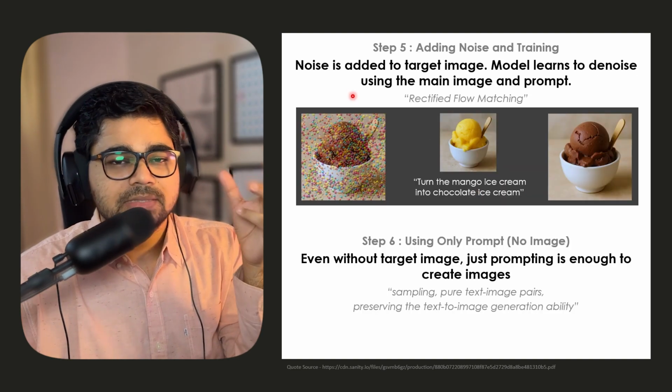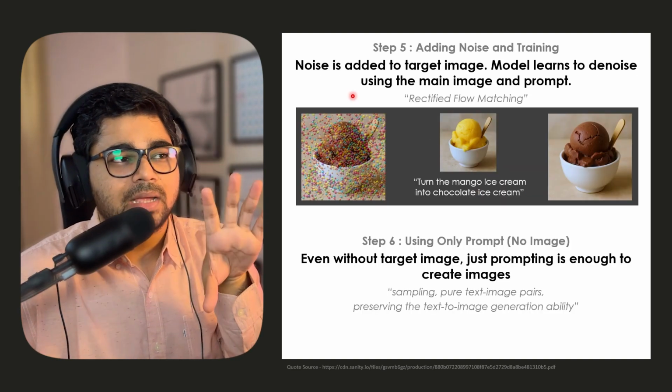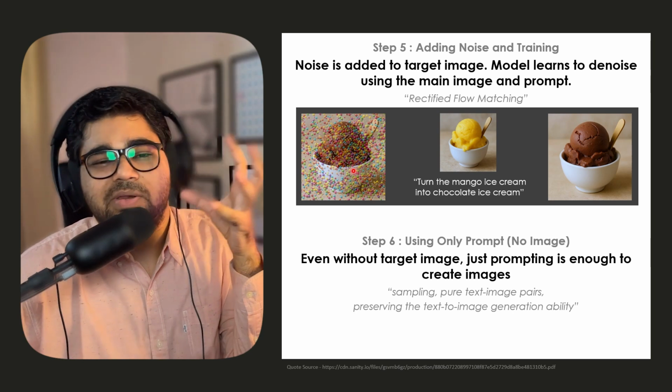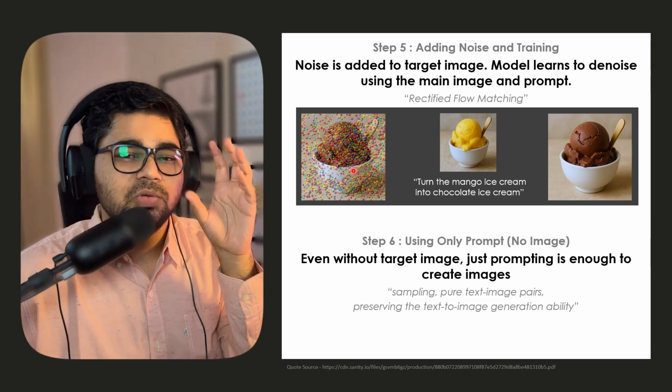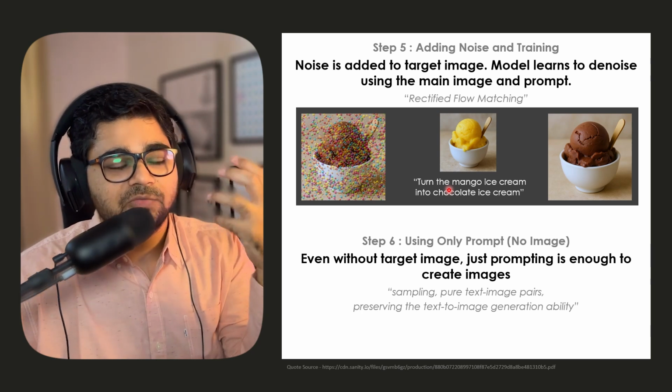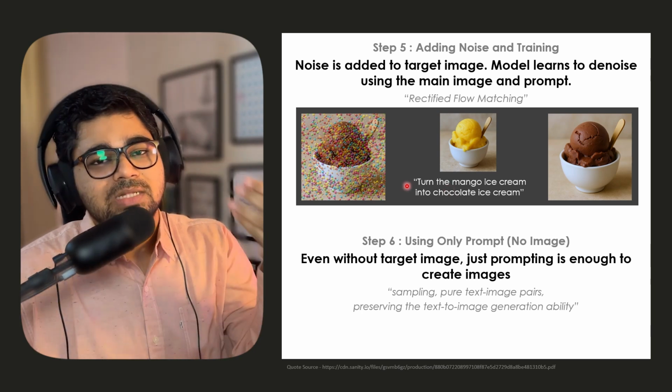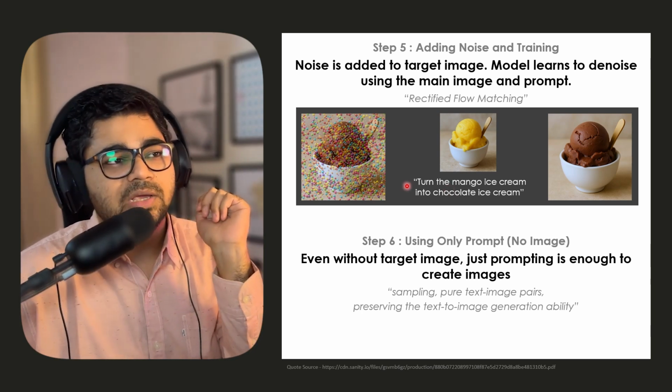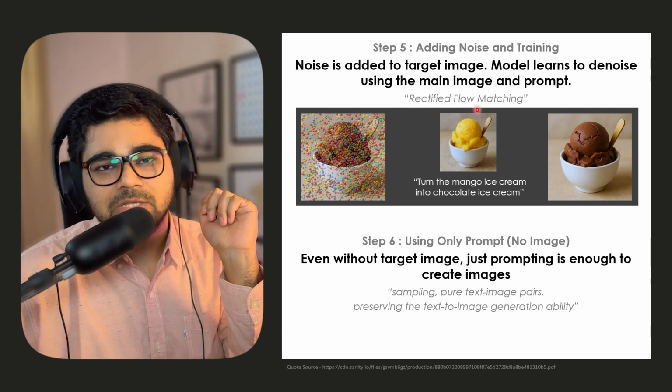So the noise is now only added to the target image, which in this case, for example, is a chocolate ice cream, and you use the mango ice cream and the prompt as your guidance for it to remove the noise. And that's how the training process is done, which they call rectified flow matching, right?